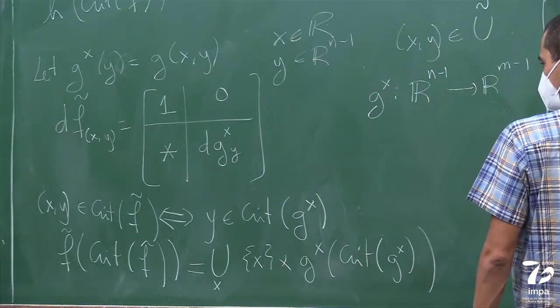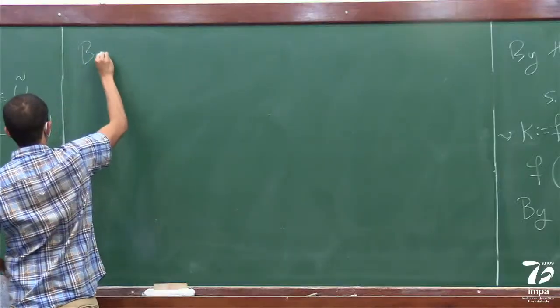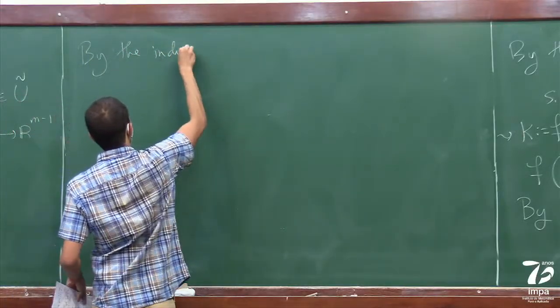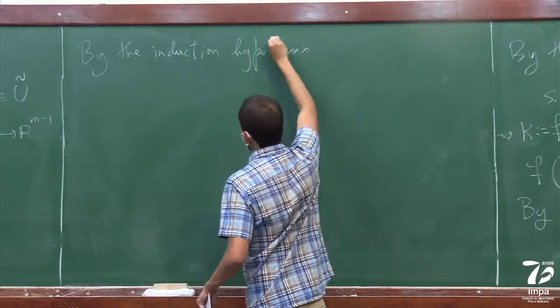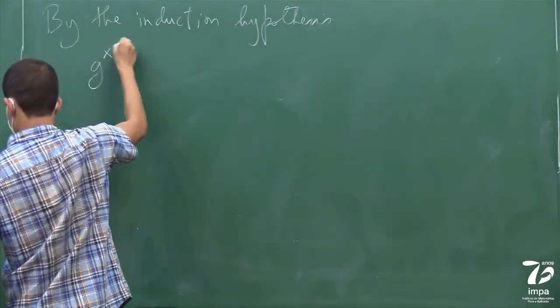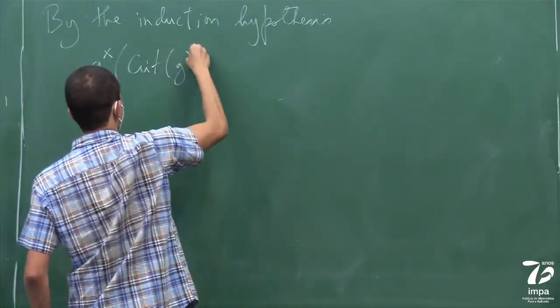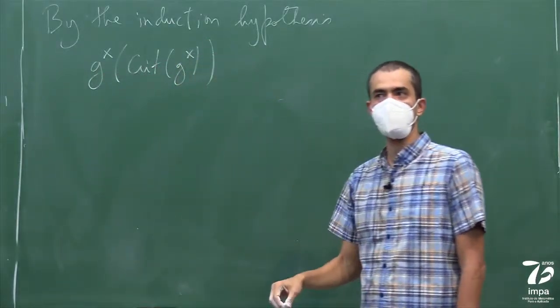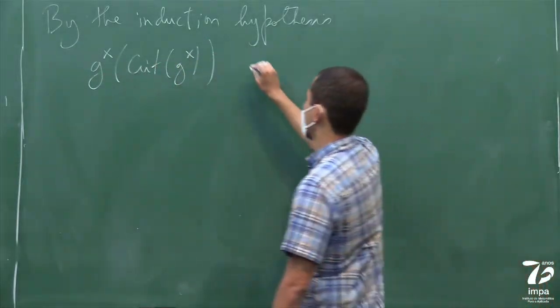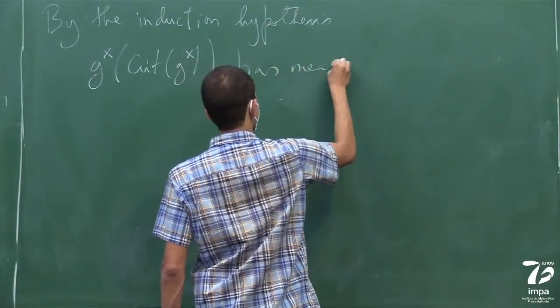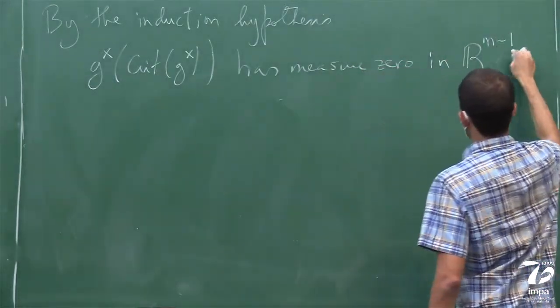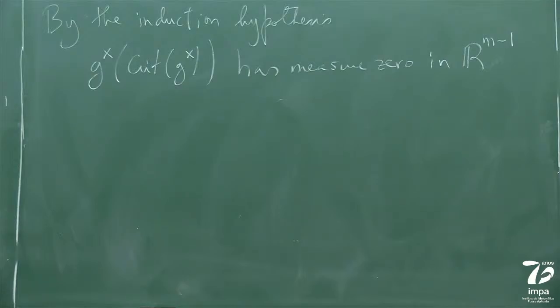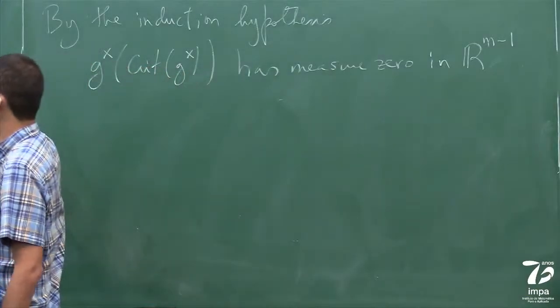So now, by the induction hypothesis, the set of critical values of gx has measure 0 in R^(m-1), because gx is a function that goes from R^(n-1) to R^(m-1).